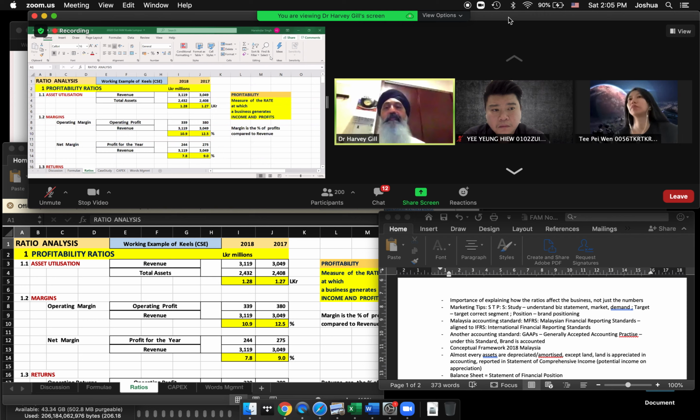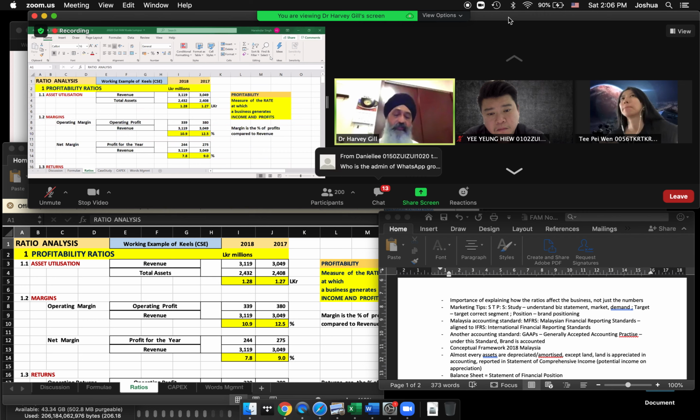At least in my firm, Harvey Gill and Associates, these are the ratios that we use. These ratios are based on the CFA Institute's definitions, that is Chartered Financial Analysts. At this moment, I think on planet Earth, the Chartered Financial Analysts are the authority on financial analysis.